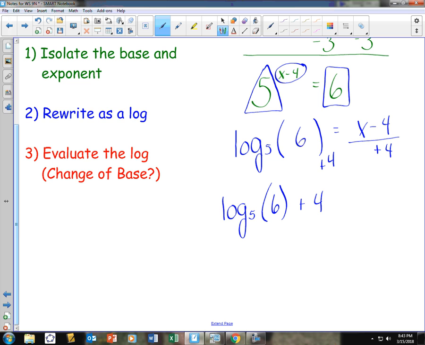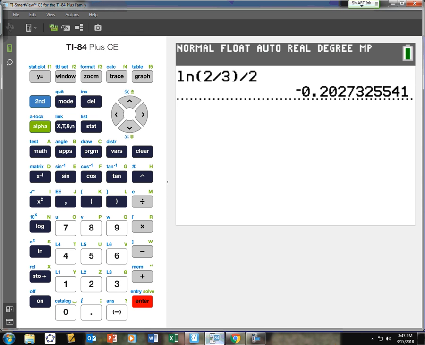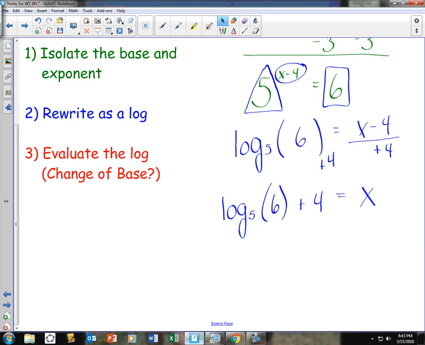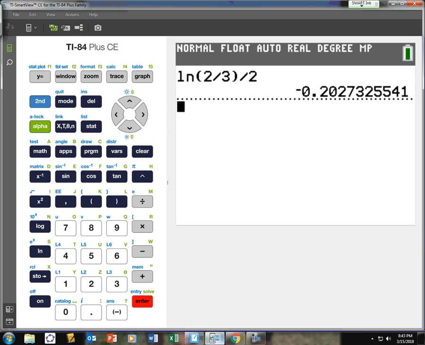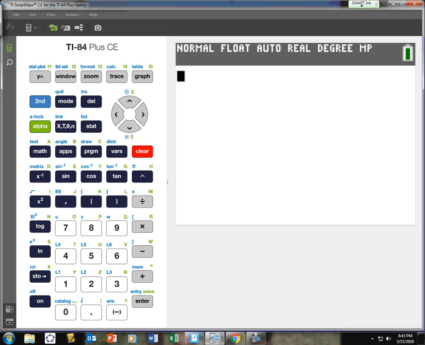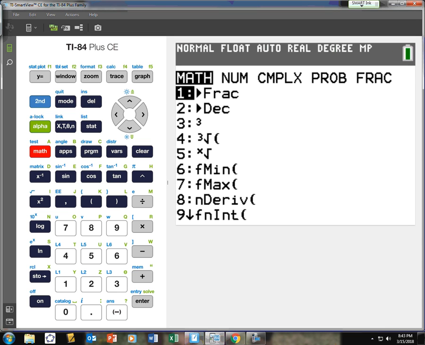So let's go to our calculators. You might have to remember where some of these buttons are, so I'll show you. We are doing log base 5 of 6. So if you go to the math button, you have to scroll down a bit. We're looking for something that says log base.